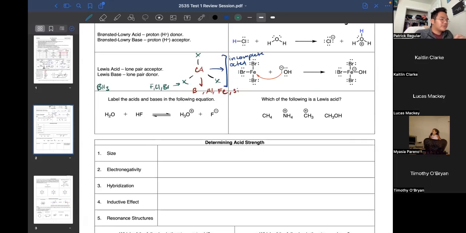Okay, so for labeling acids and bases and knowing the direction, my biggest tip is just to identify the acids. When you were doing problem set 2 and had to write the pKa's and pick whether it goes left or right, you just look at the acids, because acids are the ones that dissociate.